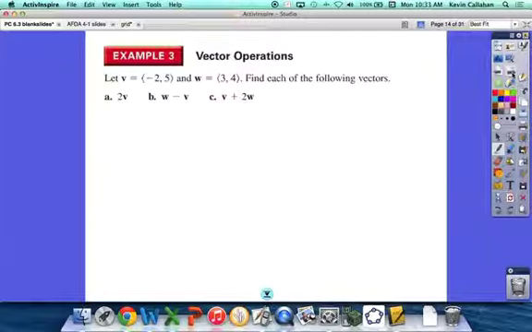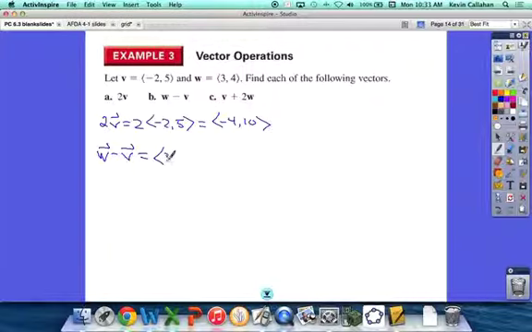So let's see, 2v, right? 2v equals 2 times <-2,5>, which is <-4,10>. Right. w minus v equals <3,4> minus <-2,5>.